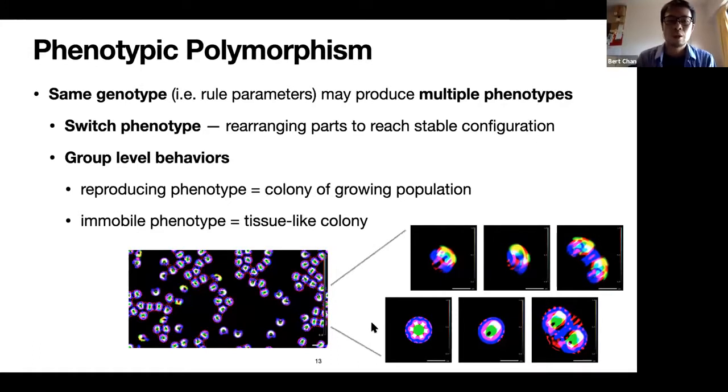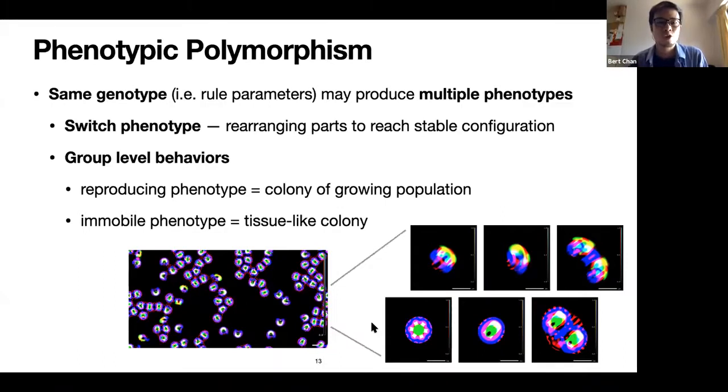In the multi-channel case, for the same genotype, by genotype I mean the combination of the parameter values, they may produce a family of phenotypes. The creature may change with rich phenotypes by rearranging its parts until it reaches a stable configuration or a stratum in the space.